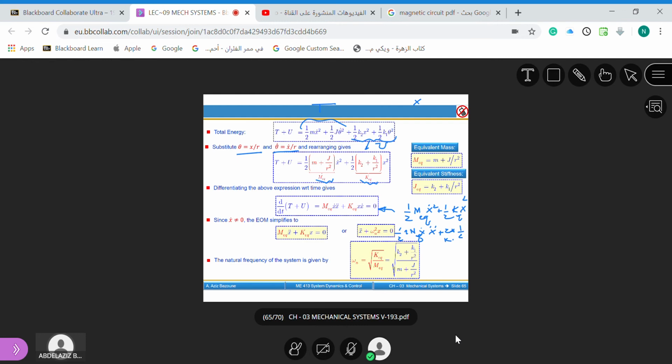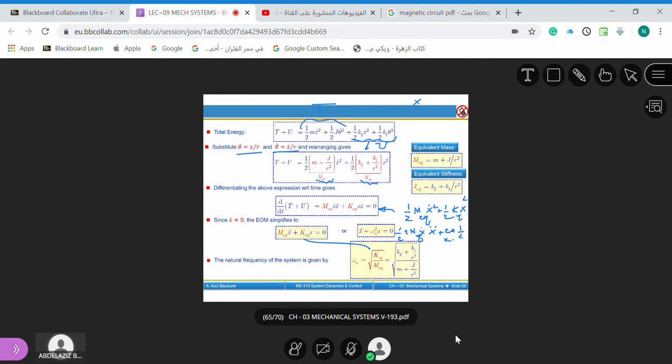If I simplify by x dot, since x dot is not 0, my equation turns out to be M equivalent x double dot plus K equivalent x equal to 0. Or simply x double dot plus omega n squared x equal to 0, where omega n squared is equal to K equivalent over M equivalent, where K equivalent is K2 plus K1 over R squared, over M plus J over R squared.